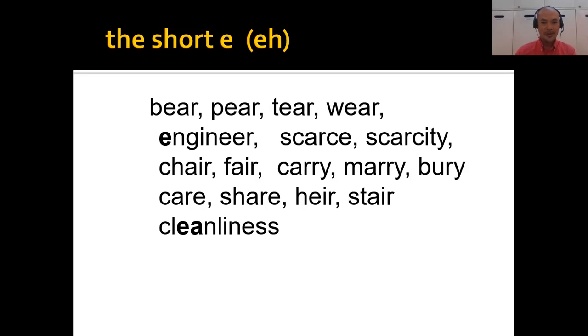Then the next word is "tear". It depends on the meaning. If it means the watery substance falling from your eyes, that's pronounced "tear", teardrops. But if you refer to the verb meaning to tear down, to rip, like a paper or the wrapper.